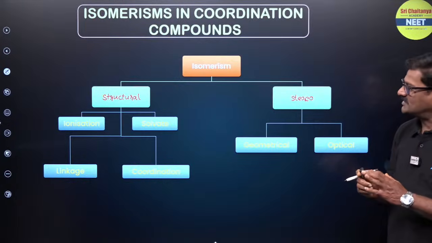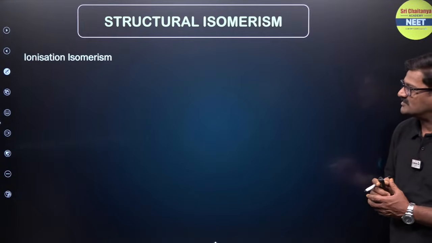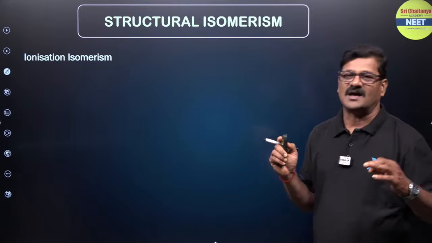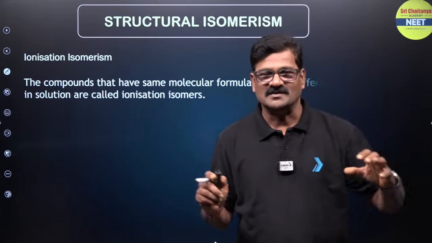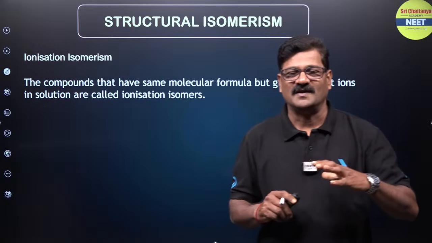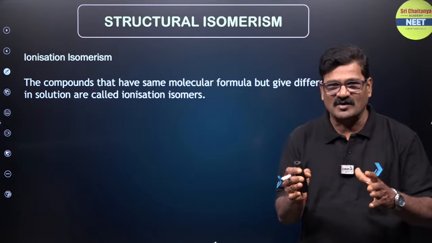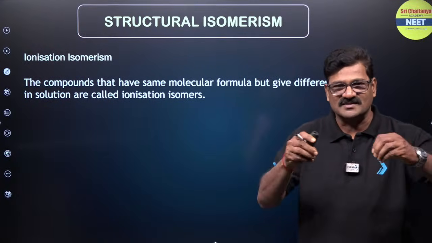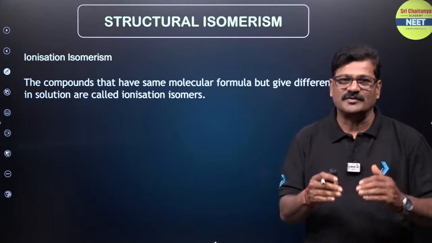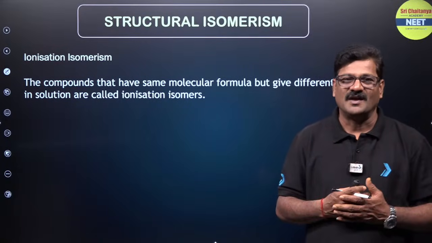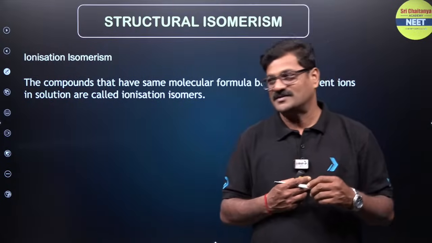Here, students, let us talk about structural isomerism. In that, the first one is ionization isomerism. This isomerism arises when compounds have the same molecular formula, but when dissolved in water they furnish different ions; these are called ionization isomers.